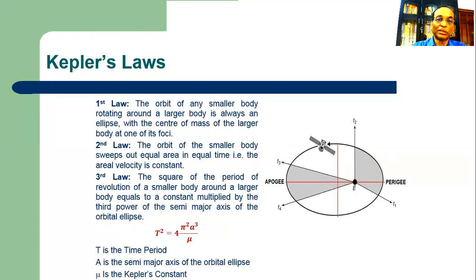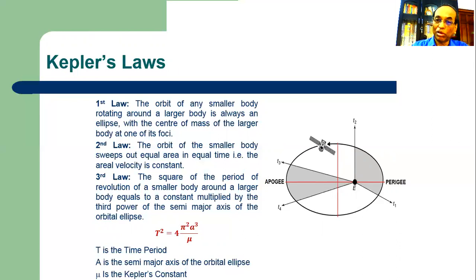The orbit has the center of mass of the larger body at one of its foci. So the Earth will be at one of the foci of the orbit of the satellite.